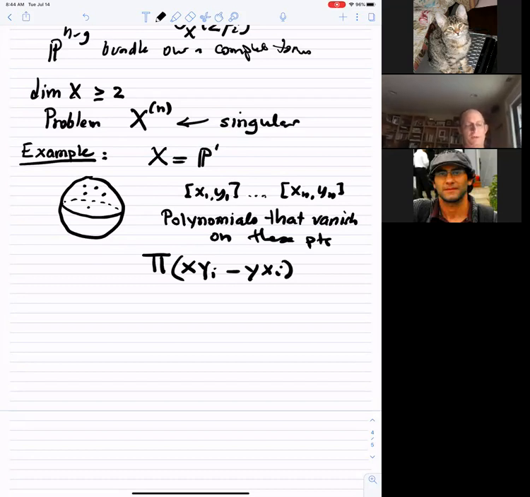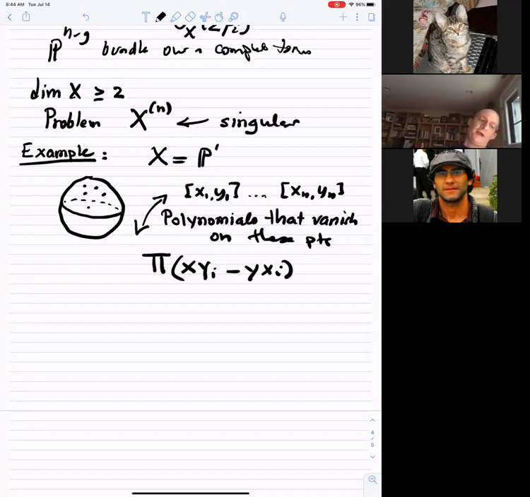Any polynomial vanishing on these points is divisible by this polynomial, and this polynomial is uniquely determined up to a scalar, right? So instead of thinking about n points in P1, I can just think of this polynomial. And of course, the points are just the roots of the polynomial.